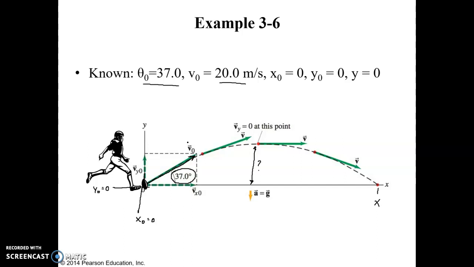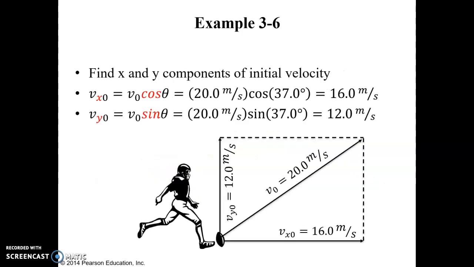So since we are given this initial velocity in a resultant format, we need to break that down into x and y components so that we can keep them separated. So here I have created another diagram, a little more close up, showing the initial velocity of 20 meters per second and how we would break that down into x and y components.